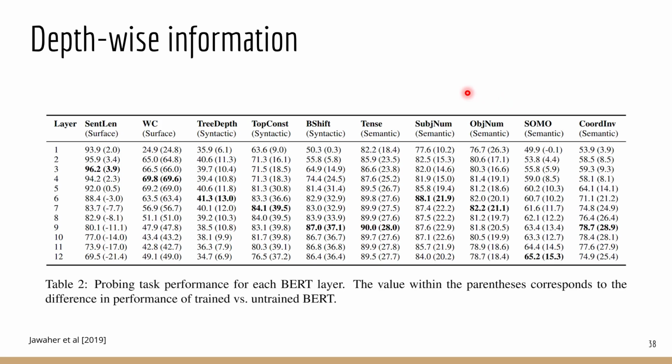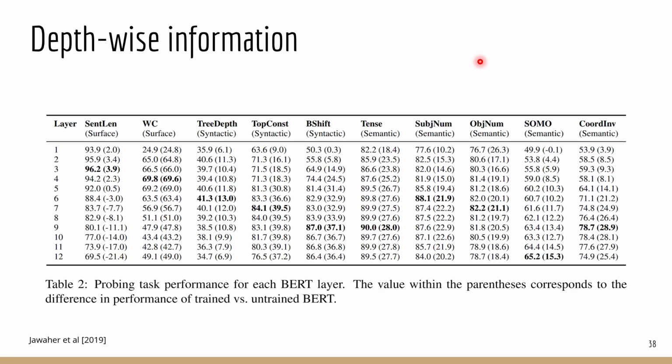The same observation was made by Tenney et al. on many other different tasks on the SentEval benchmark. So here again, the hierarchy of linguistic information goes from surface features to syntactic and then semantic. So for example, in surface level sentence length prediction, the first layers perform better, but in some of the syntactic tasks like bigram shift or top constituent, some of the middle layers do better, but in semantic tasks like SOMO or coordination inversion, the last layers do much better than the initial ones.